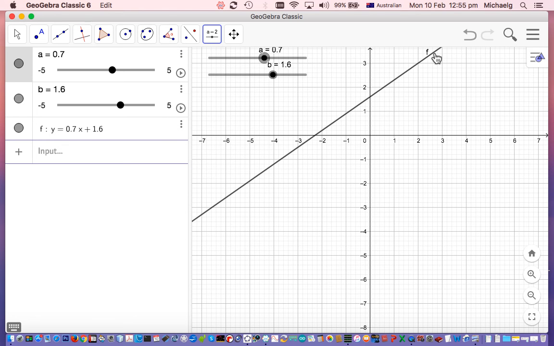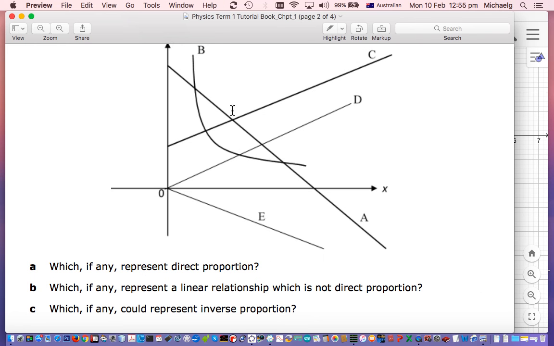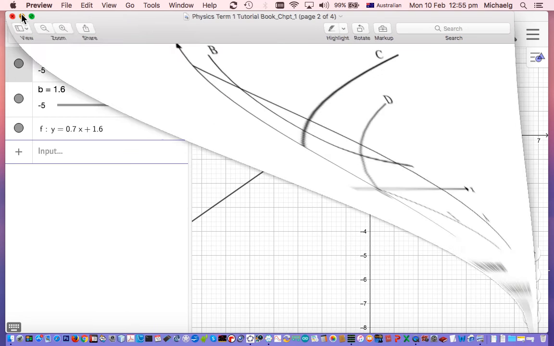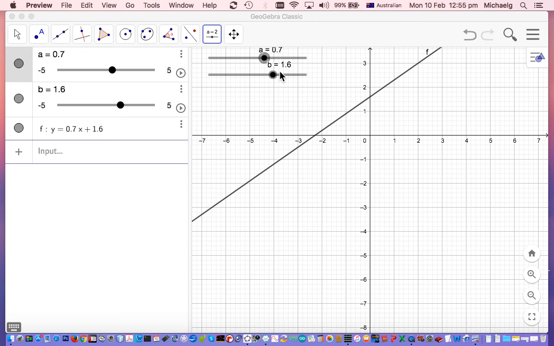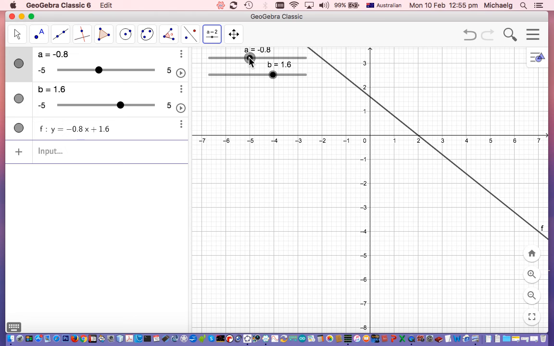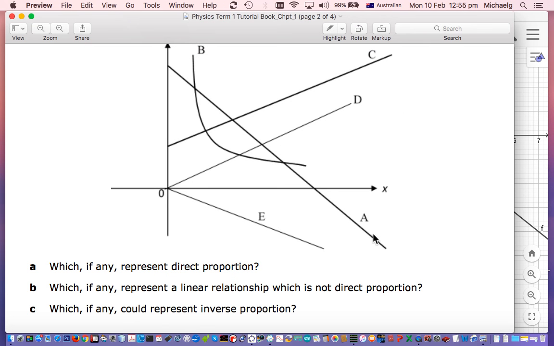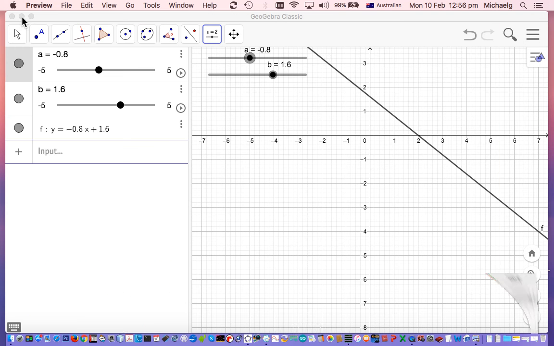This line here is looking very similar to C, isn't it? It's a line. Then if I change this to negative, it's a negative slope, it goes like this. And what does it look like? There we are, yep. A looking like A. So again, this is being generated by this function here, but it's okay.